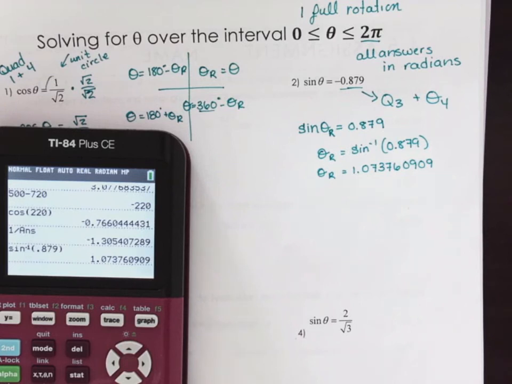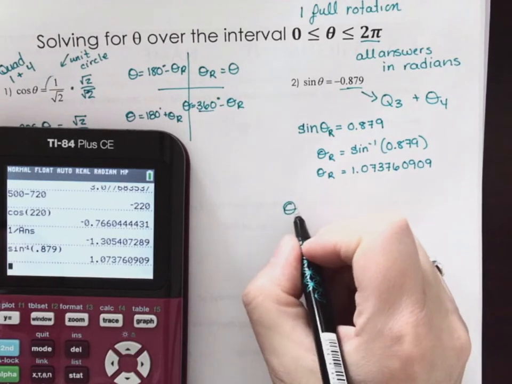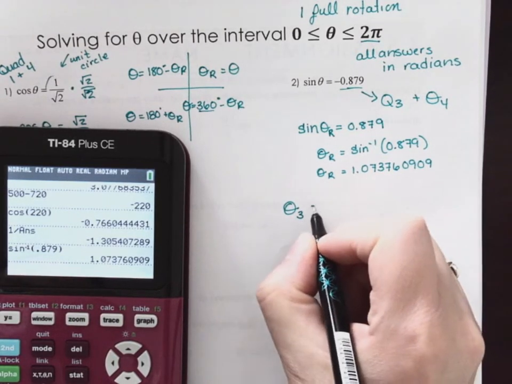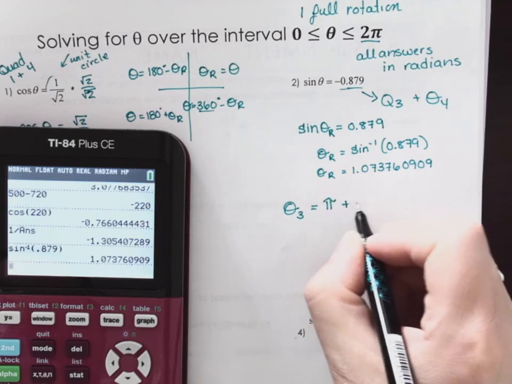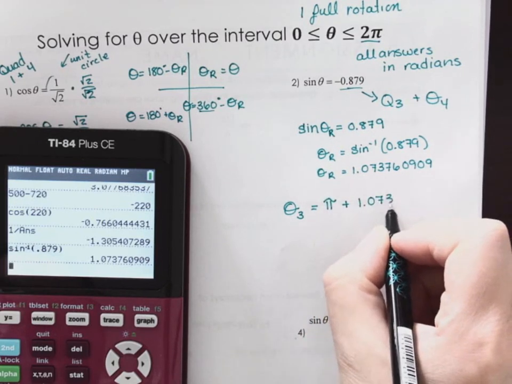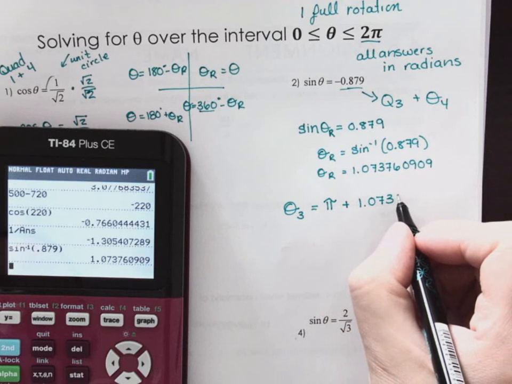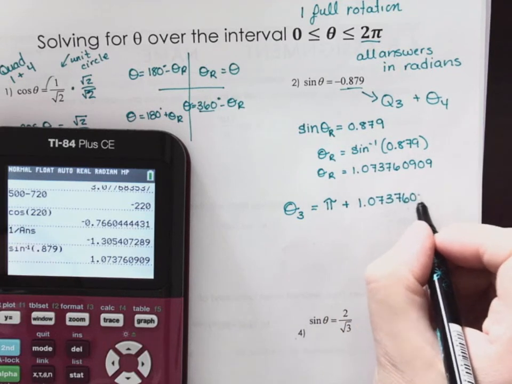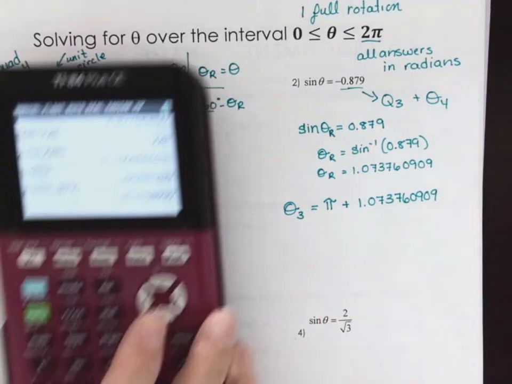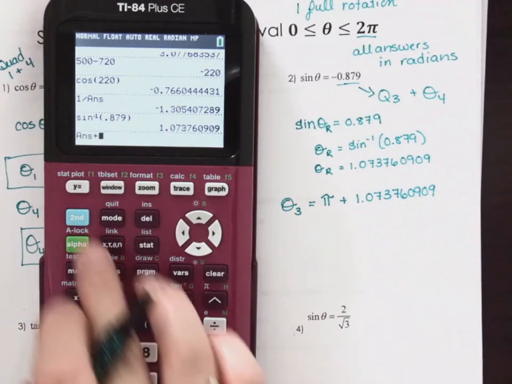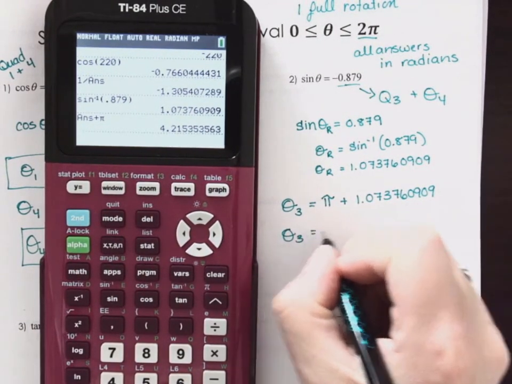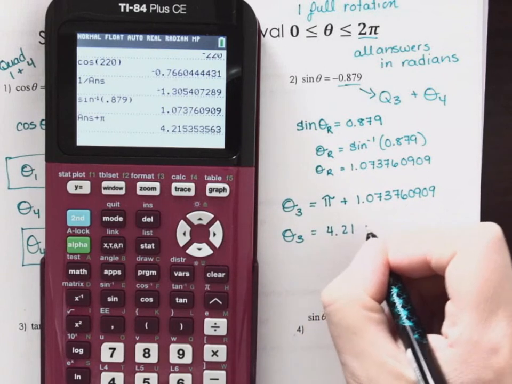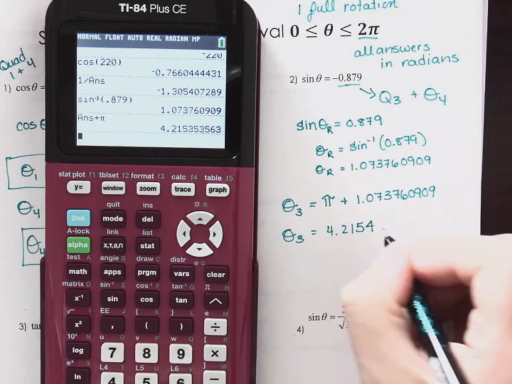So now we need to do the rules for quadrant 3 and quadrant 4. Add 180 and subtract from 360. Okay, but we're in radians. Add pi and subtract from 2 pi. So I'm going to go add pi. So in quadrant 3, my answer is going to be 4.2154.